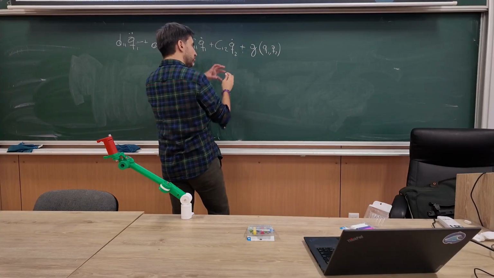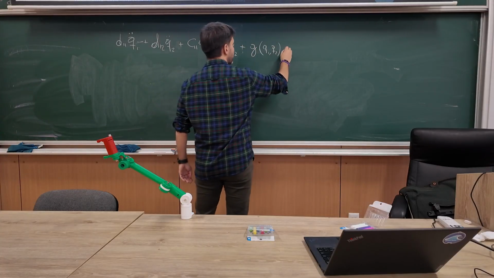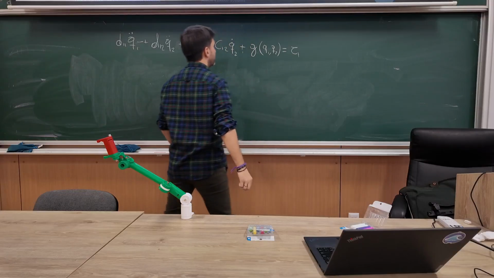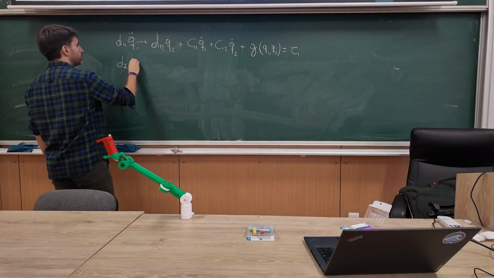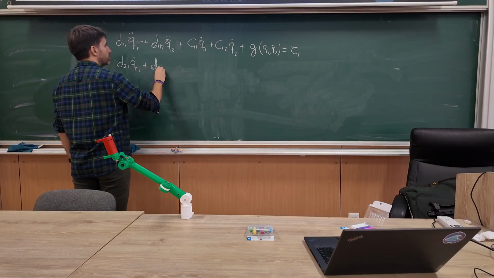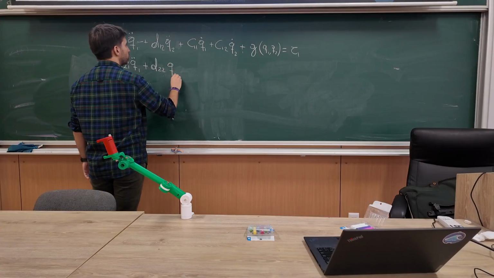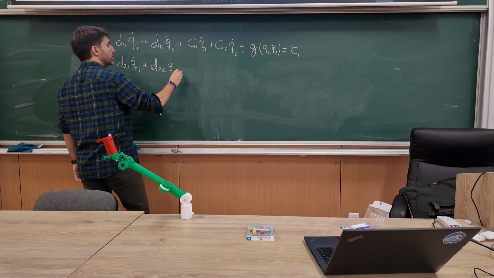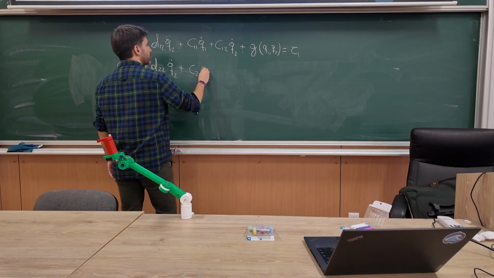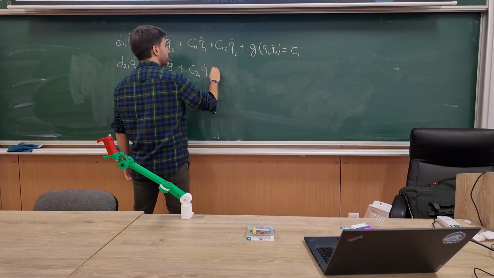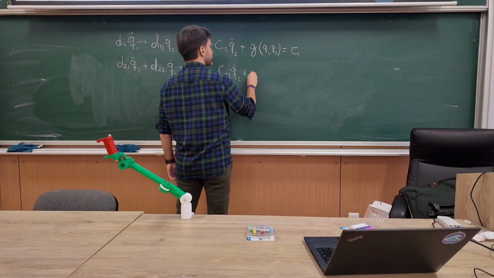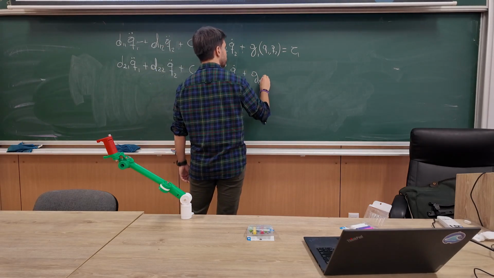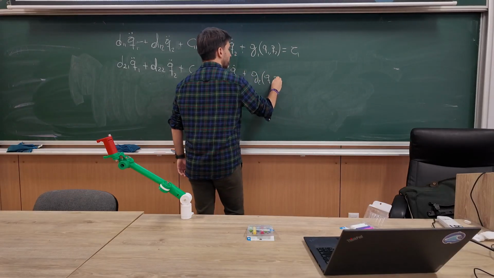There I had it with q, which contains everything, but since there are only two, I'll write tau 1, and the second: d21 q1 dot dot plus d22 q2 dot dot plus c21 q1 dot plus c22 q2 dot plus g.